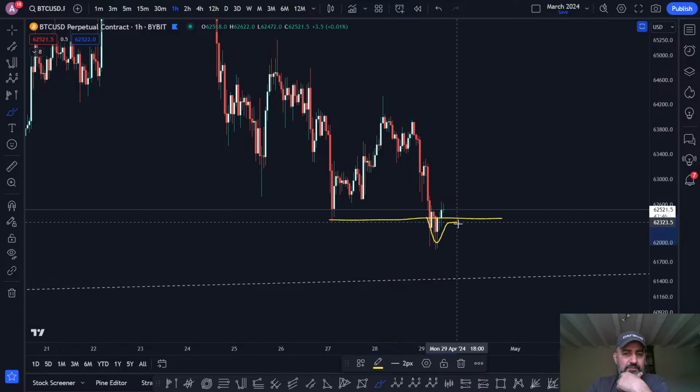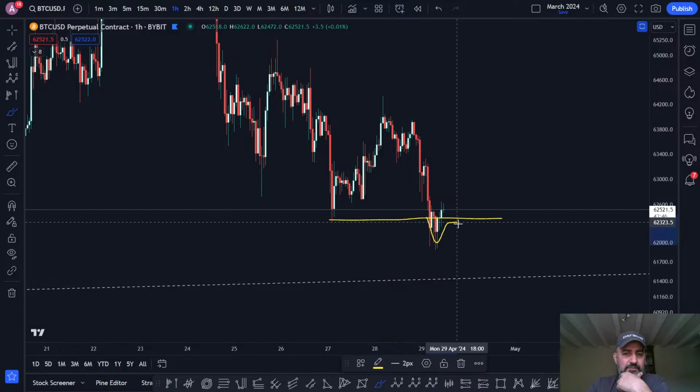So the fact that we're back above that pivot, we're still in some kind of bearish structure. If you look at the structure, you can clearly see that we're putting in lower highs, lower lows. So even if you are going to long, you're not necessarily expecting that structure to change. You would be expecting continuation, so you have to be aware of that.